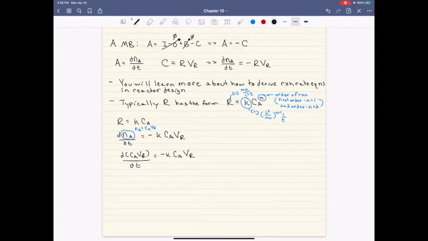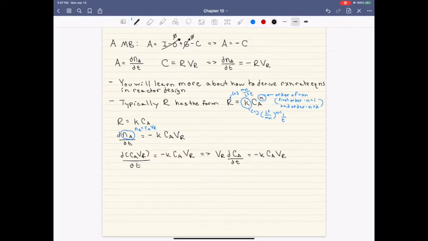Now, another thing we could do is, in the problem statement, we're assuming that the volume of the reactor is constant. That tells us that we could pull out this volume term from our derivative. So what we get now is Vr times the derivative of concentration with respect to time is equal to negative k Ca Vr.